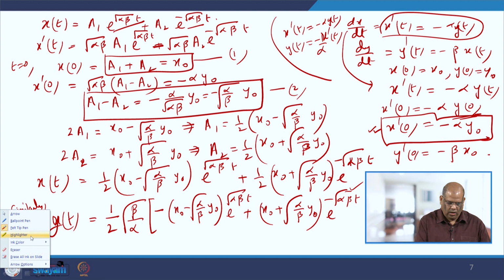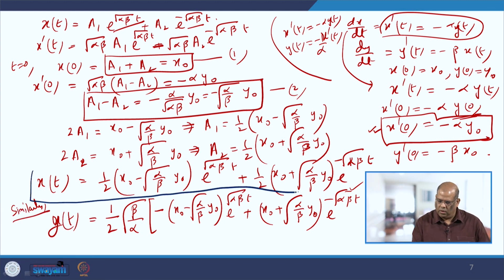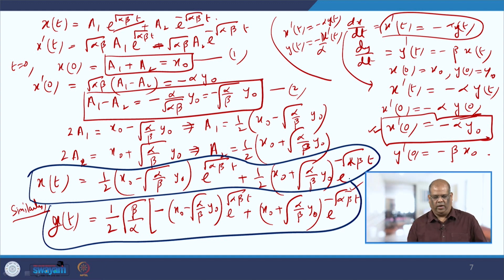So, basically I have this equation for x(t) and I have this equation for y(t). So, now from these two equations I will try to give you the conclusion of what is the outcome of this compact model.